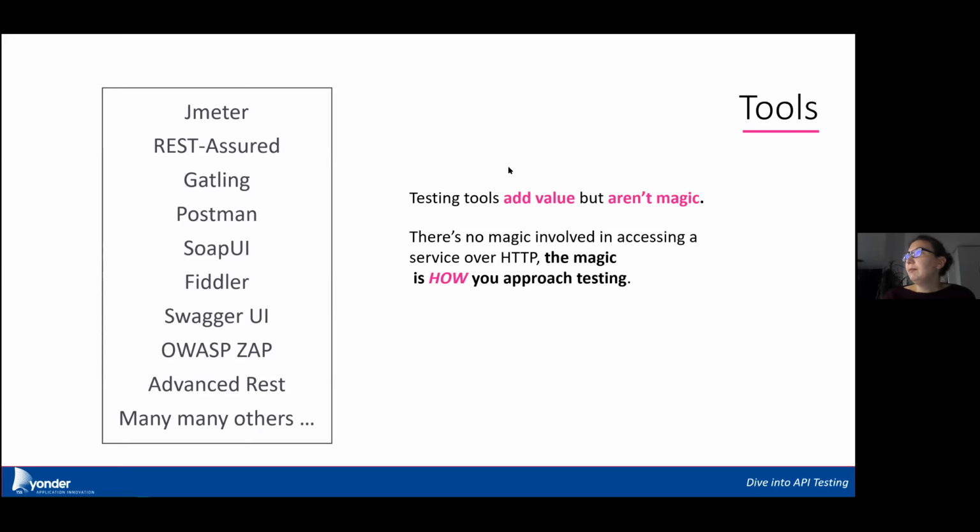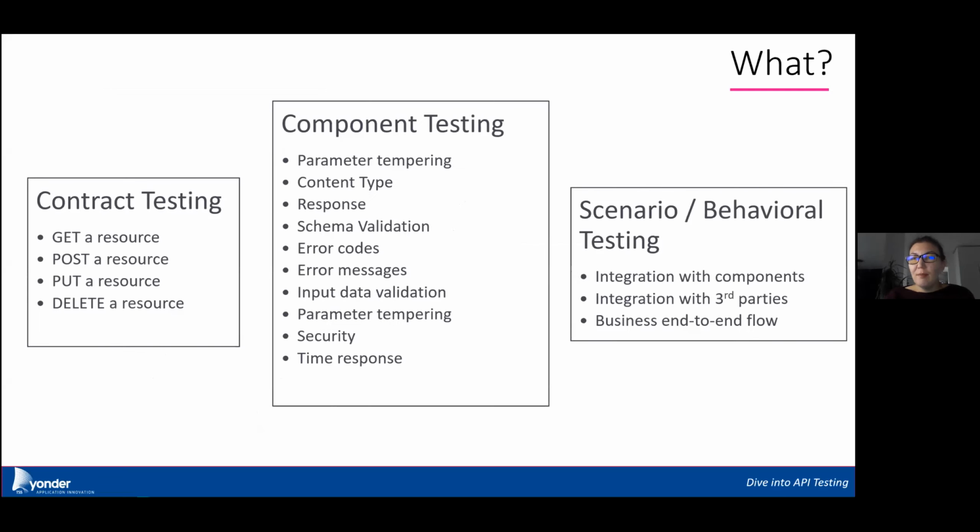Okay, further on the how-to part, I would like to come back a little to those types of tests that we can have in the API. Once we have the tool, we can start with the implementation of the tests. In my tests, I really like to start with contract testing.